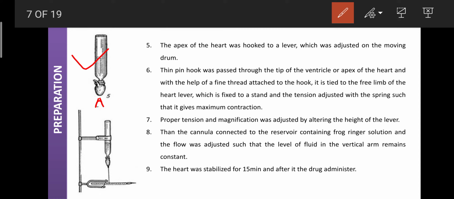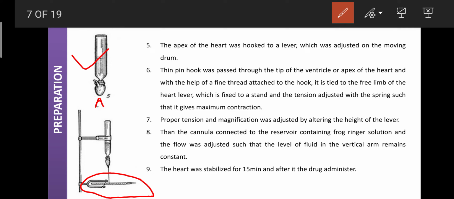A thin pin or any pin is inserted into the apex of the heart, then a thread is tied to that pin, and the other end of the thread is tied to the frontal writing lever.